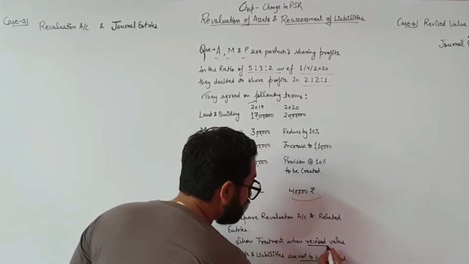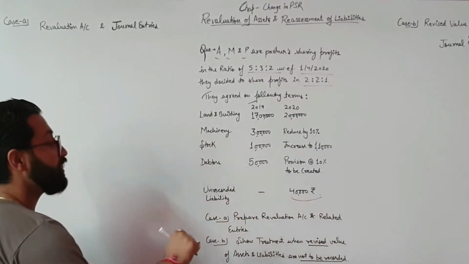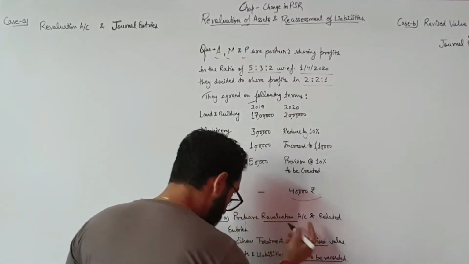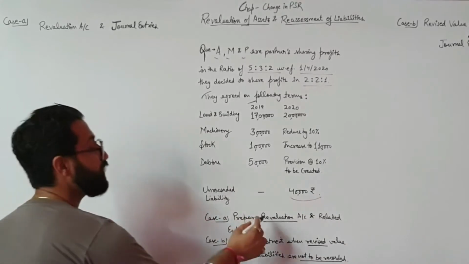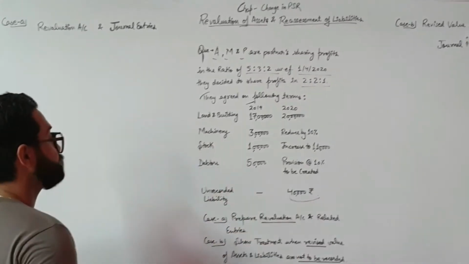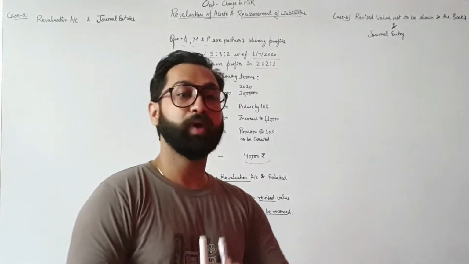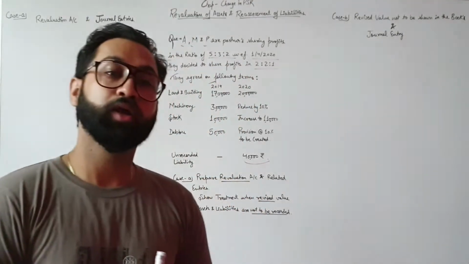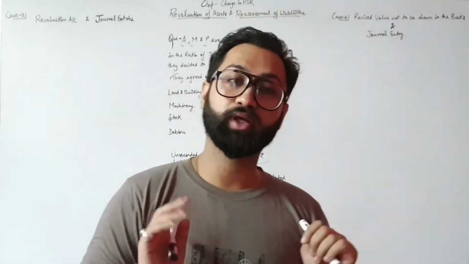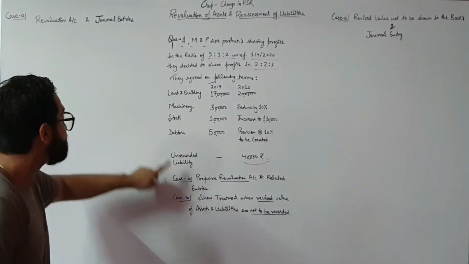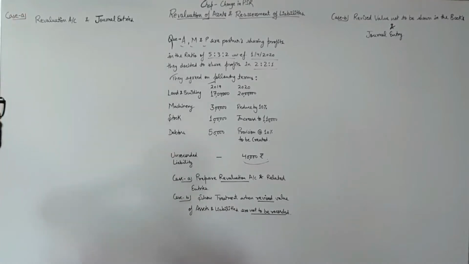If you do not want to record the revised values, what to do, and if you want to record the revised values, then the revaluation account will be prepared. Now I will be doing this question by both the methods so that each and everything will be crystal clear. Let us move forward and attempt the question with case A.